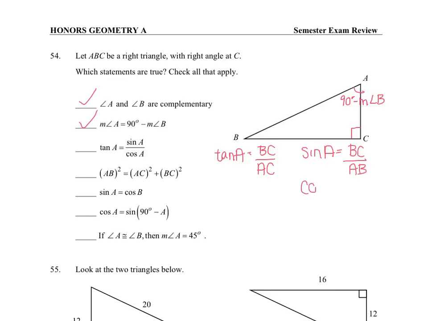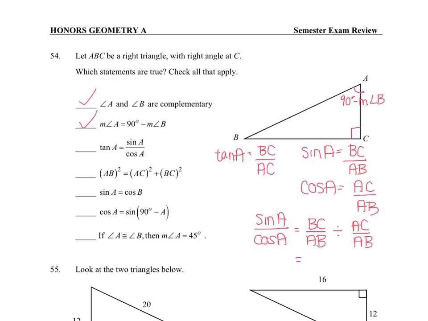And we have the cosine of A, which is adjacent, AC, over hypotenuse, AB. So if I said sine of A divided by cosine of A, what I'm really saying is BC over AB divided by AC over AB.